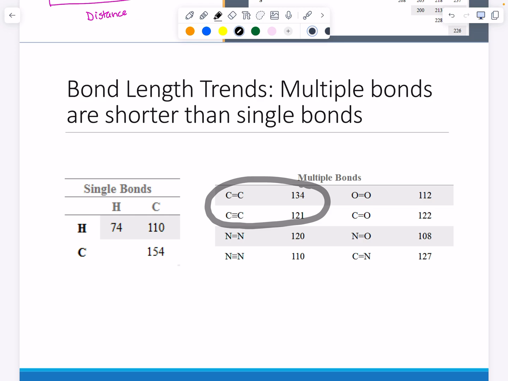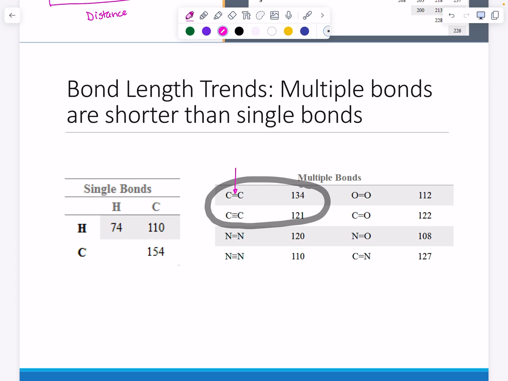It's all because you've got electrons in between the two atoms, and those electrons are attracted to both nuclei. The more electrons you have in between those two atoms, the greater the attraction of the nuclei for the electrons in that bond. It's going to draw them closer. That's just going back to Coulomb's law.